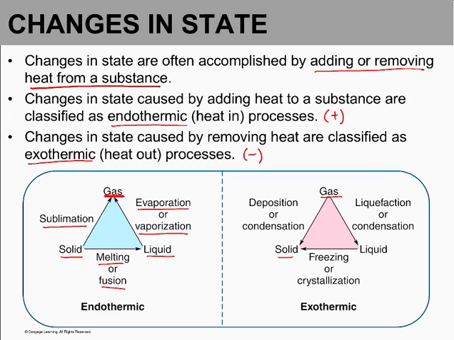And then if a liquid turns into a solid, we call that freezing or crystallization. And that also involves a release of heat. So the liquid is cooling down to turn into a solid. Now, if a gas turns into a liquid, we call that liquefaction or condensation. And that also involves a release of heat into the environment.